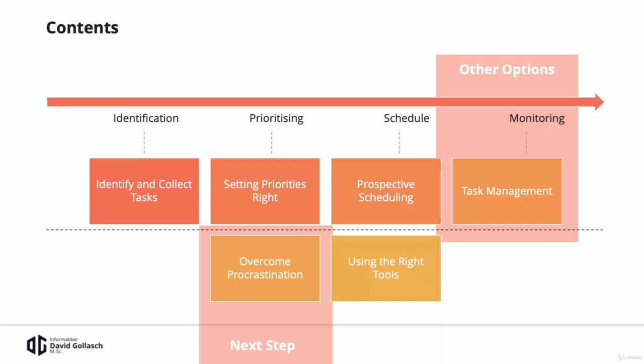But the next step, if you're okay with this now, is to focus on ways to keep up your motivation and to overcome procrastination, so to avoid postponing tasks unnecessarily and to focus your time more, to bundle tasks in a smarter way to be more productive in shorter time and to get more into this flow state of working where you get things done very, very fast and keep up your motivation. So we'll take a look at this in another course.